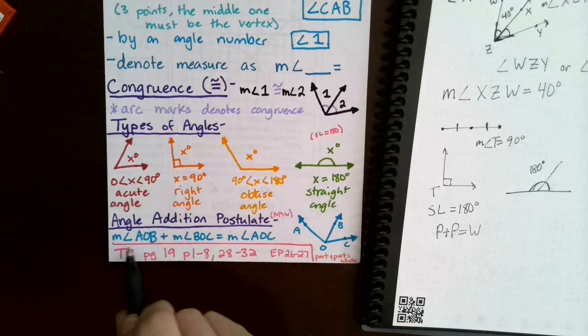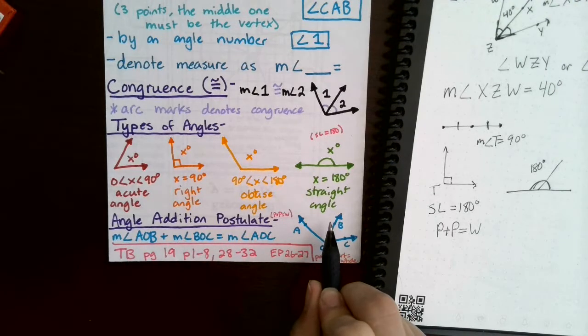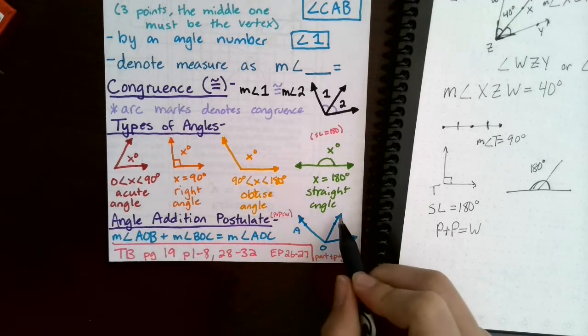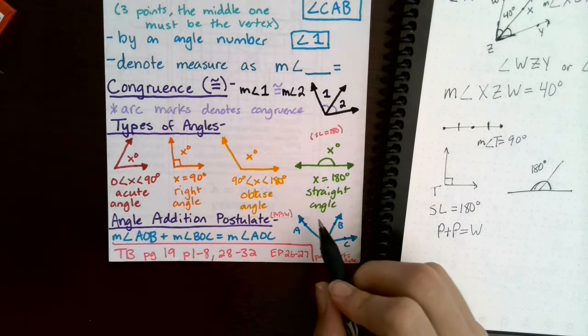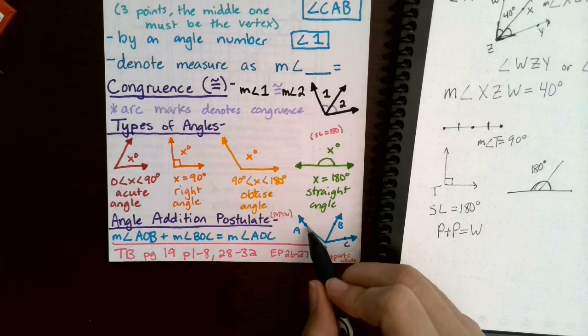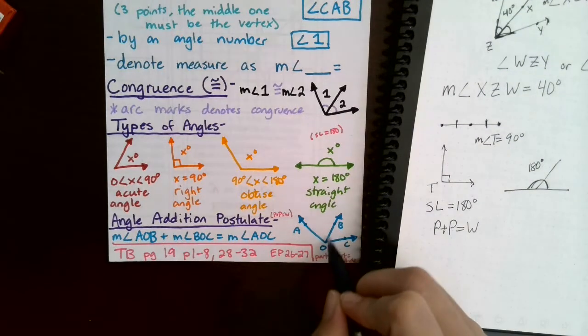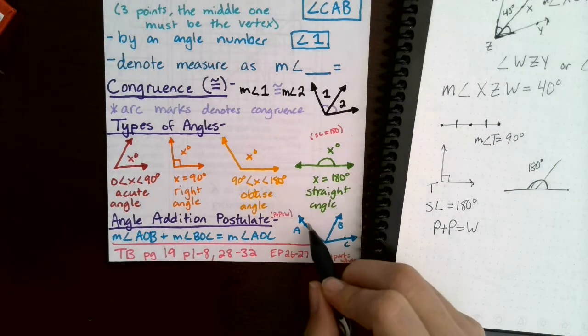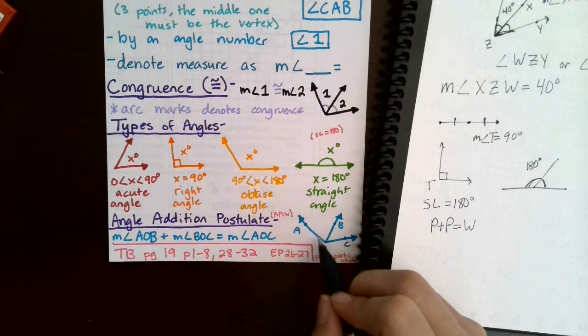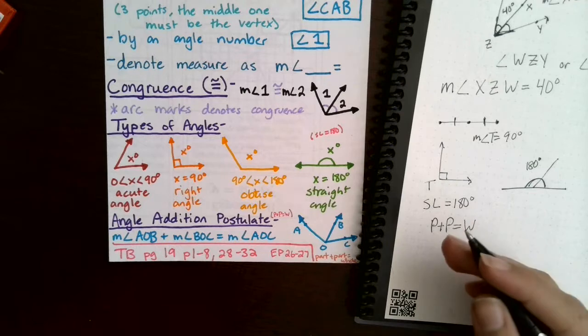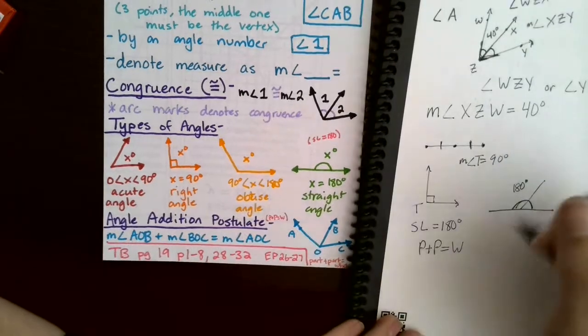So I can say that the measure of angle AOB plus the measure of angle BOC would give me this whole angle. I'm going to pretend to make up numbers right here. If this angle is 70 degrees and this angle is 30 degrees, then angle AOC must be 100 degrees.